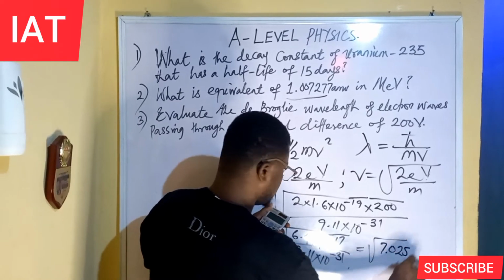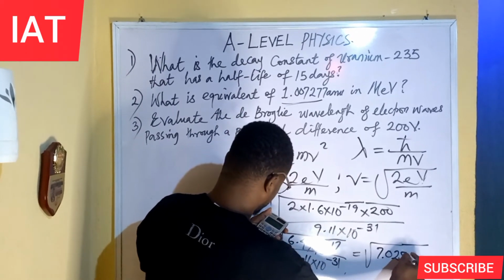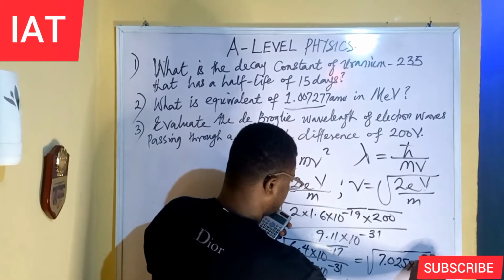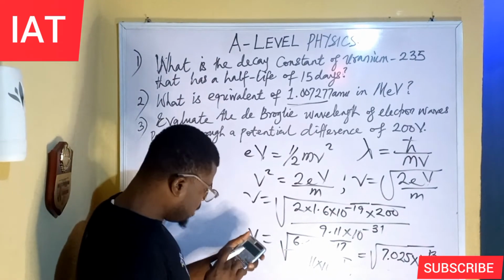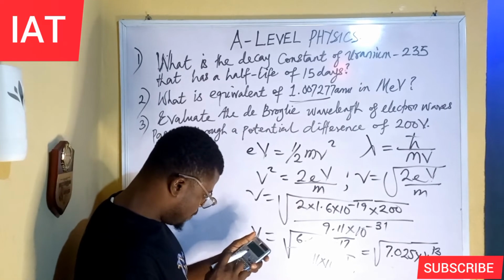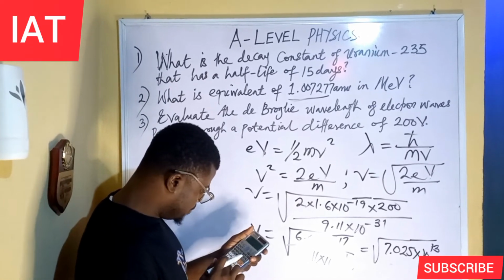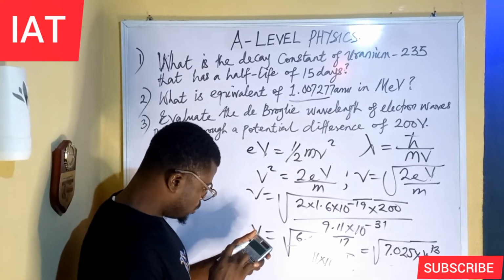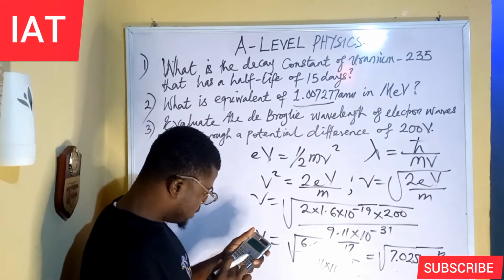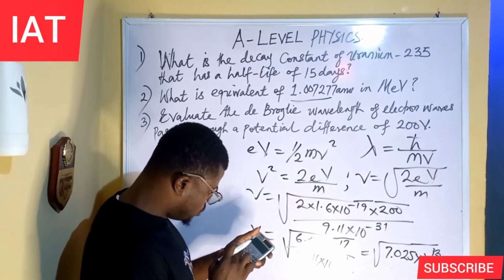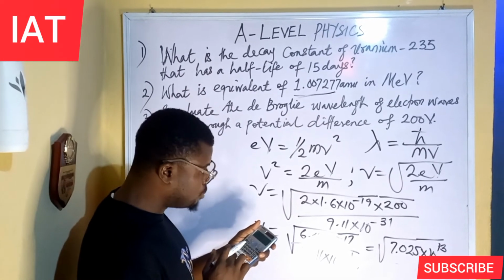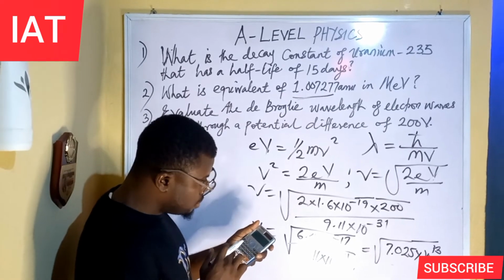7.025 times 10 to the power of 13. So finally, we're going to check for the square root of the answer, the square root of 7.025 times 10 to the power of 13.